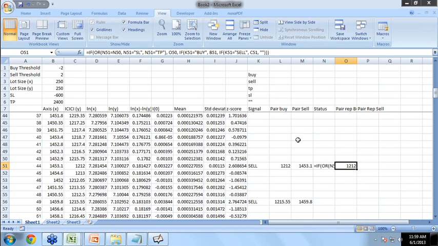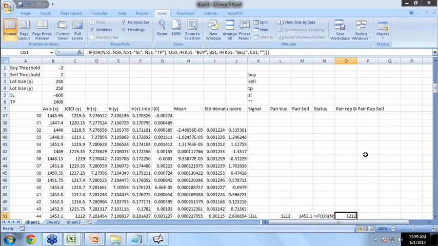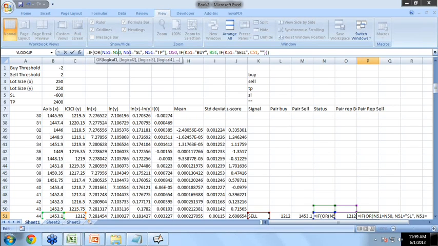Now same thing we'll be doing for the sell side as well. So again, N51 is equal to N50, the status is the same, or stop loss or take profit has been hit, then I will just repeat the previous value of the sell price, so it would be P50.